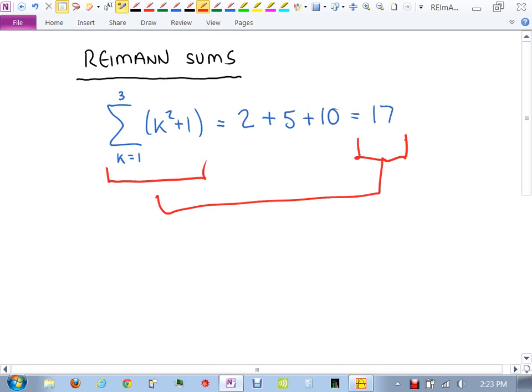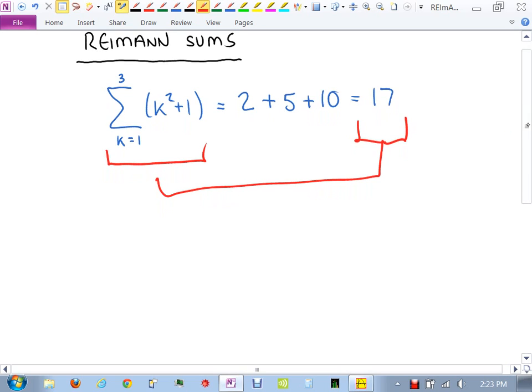Got the basic idea? Now, you can have a sum that's finite, like this, or you can have a sum where you start at maybe 1 and you go to infinity, which means you add things up forever. Here's an example of something you could add up forever: 1/2 to the k.